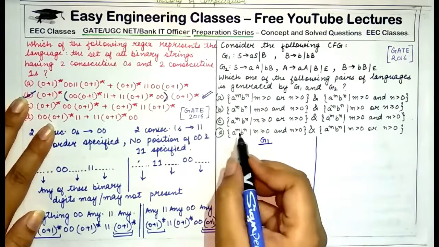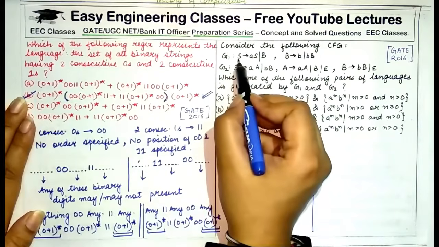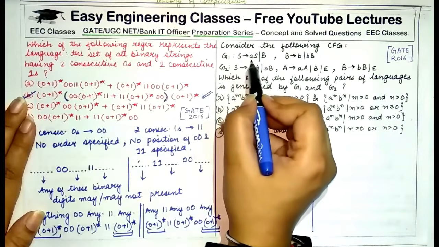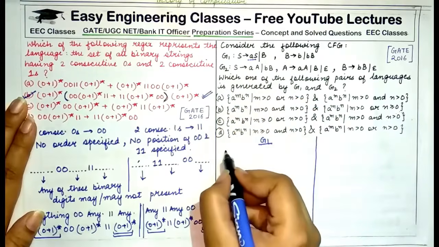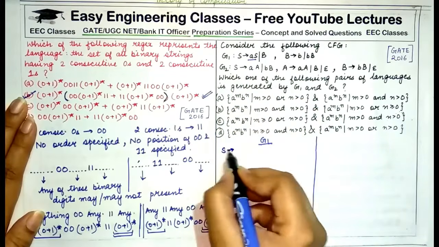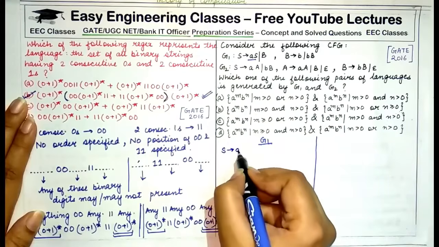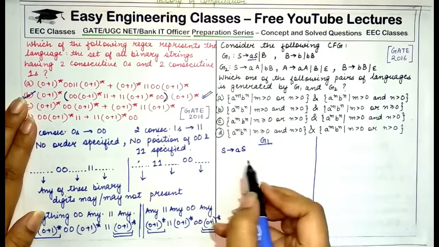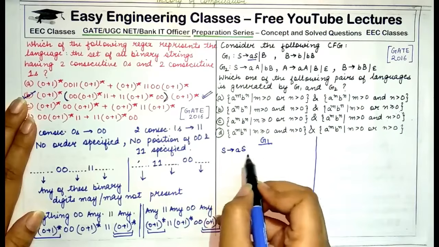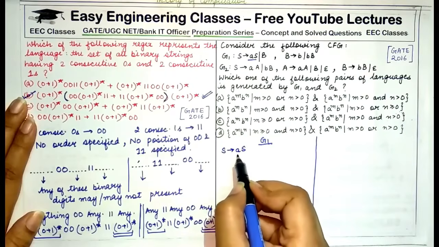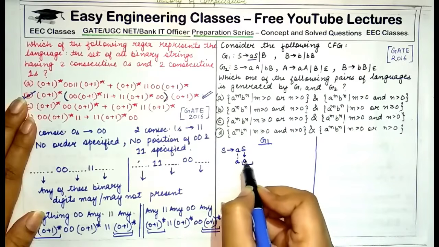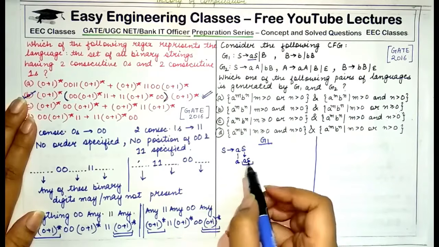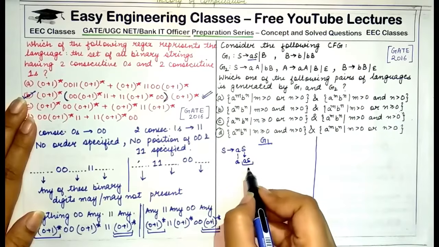If we start with the starting symbol S and use the first production, S goes to AS. Now, if I continue using this production and replace this S by AS again, my string would become AAS and so on.